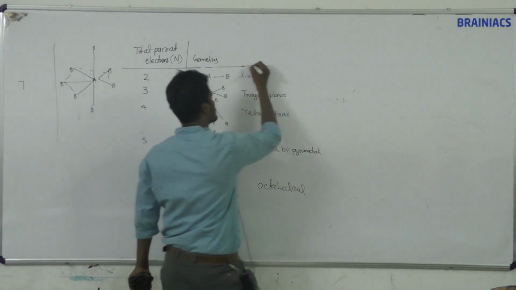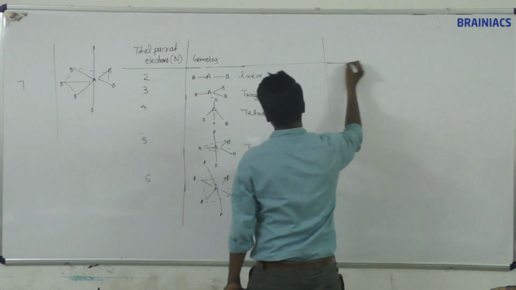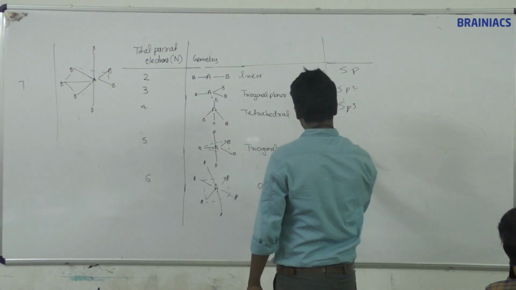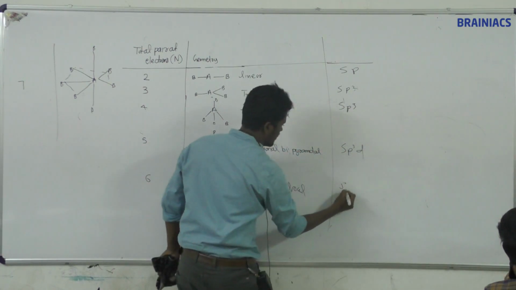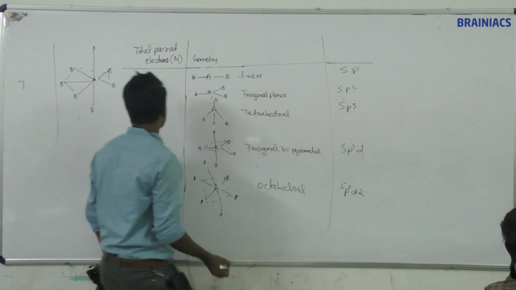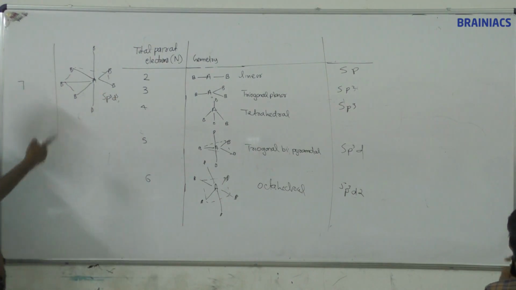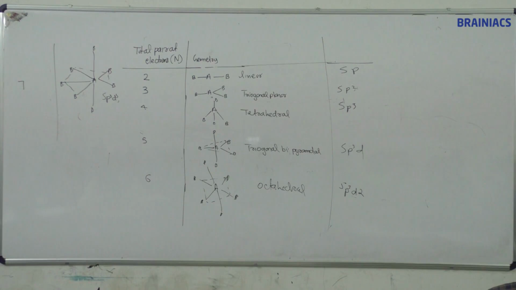So what will be the hybridization state? sp2, sp3d, sp3d2 and sp3d3.